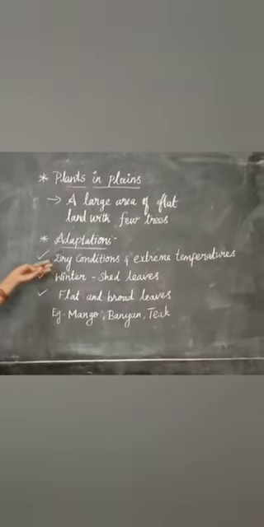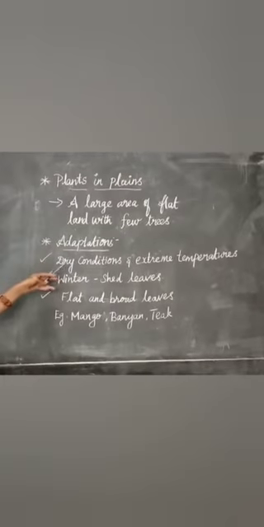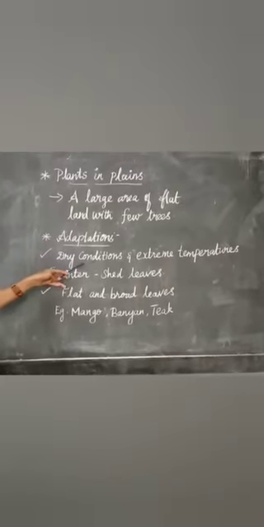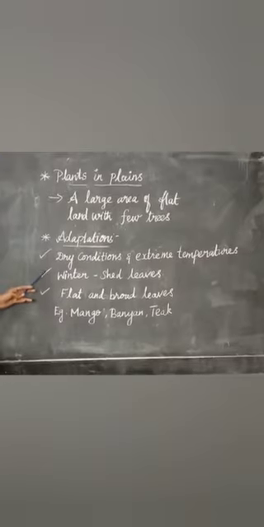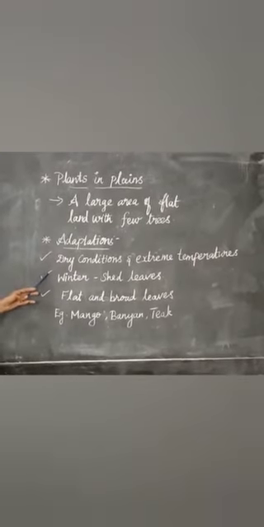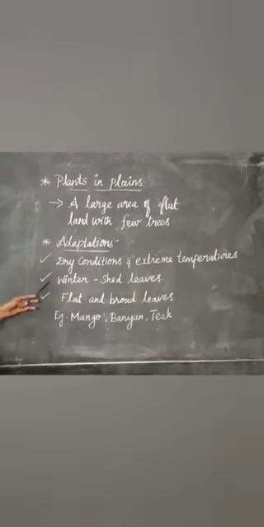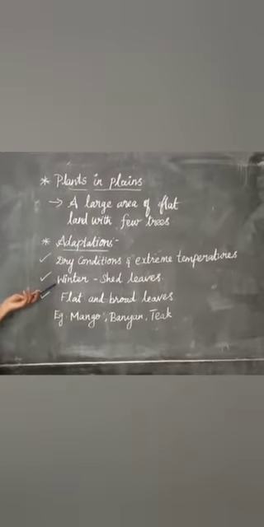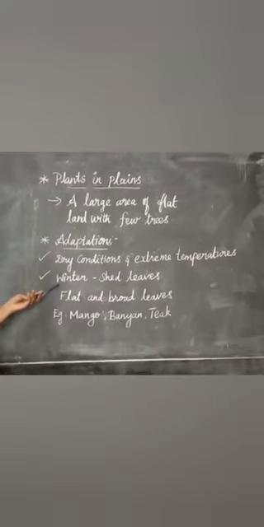So at that time the plant should survive. That is a dry condition. The plant should adapt to dry conditions as well as extreme temperature, and they grow in a warmer climate and usually shed their leaves in winter to protect themselves from cold. Some of the trees shed their leaves during the winter season to protect their life.